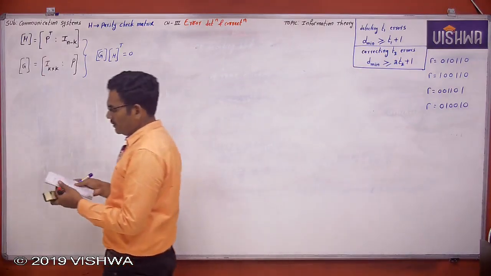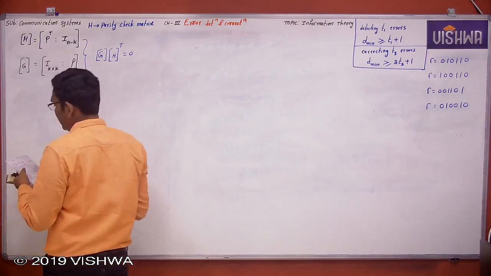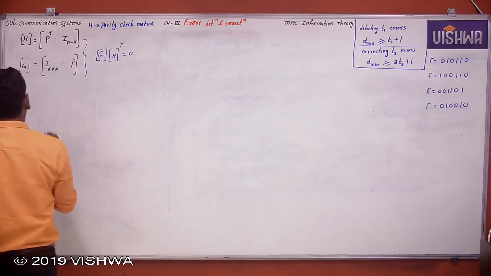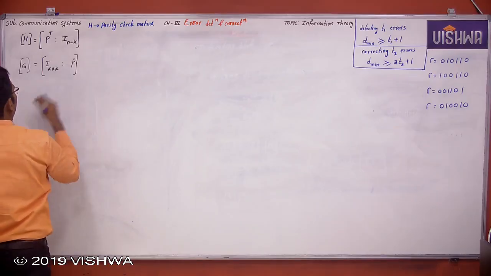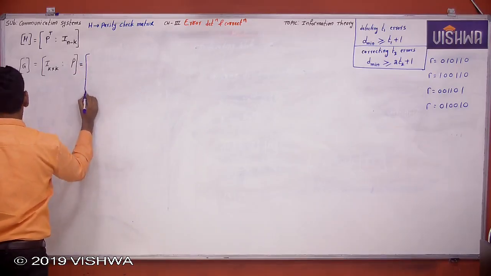So now what is given? A generation matrix is given, for a 6,3 block code.